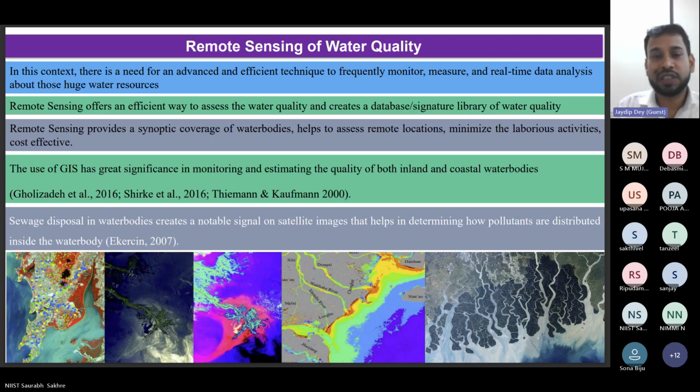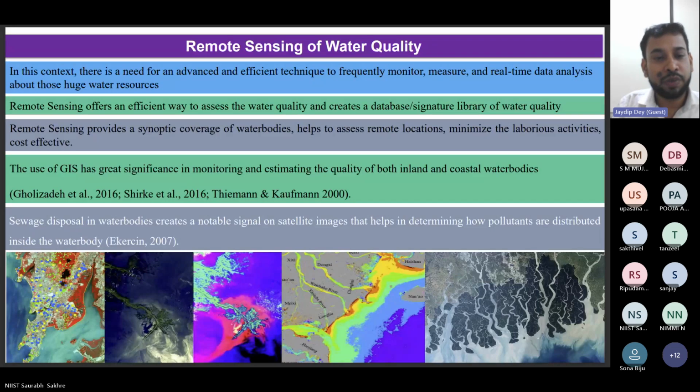So, remote sensing of water quality. As I have told, 80% of the surface water bodies are polluted. So in this condition, we need an advanced and efficient technique to frequently monitor, measure, and analyze real-time data about these huge water resources. Because remote sensing offers an efficient way to assess water quality and create a database or spectral signature library of those water quality parameters.